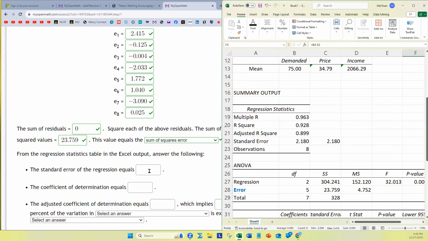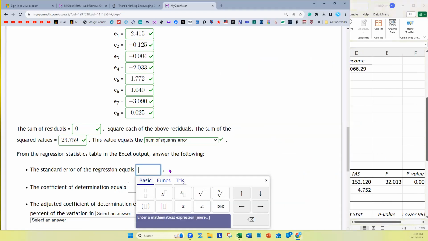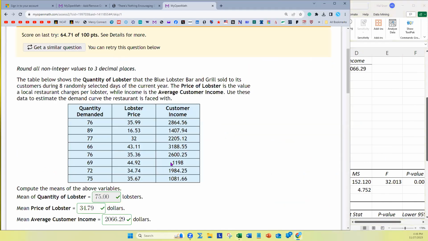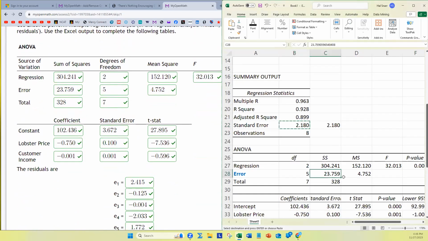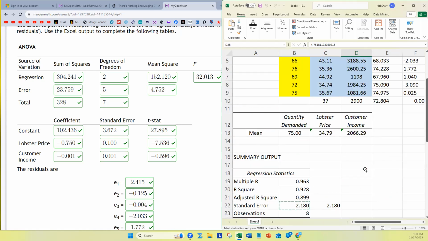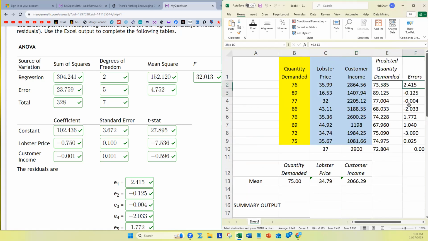We call it the standard error of the regression. Remember, we said this was what? We said this divided by 5 is the mean square error. This right here is the estimated variance of our errors, right?